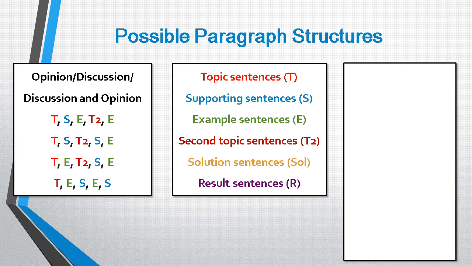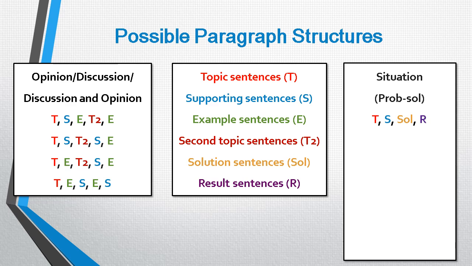The other type of essays were the situation essays. We looked at 2 of those. The problem and solution essay we looked at, that had a topic sentence, a supporting sentence, then a solution was offered, and the result of that solution was then explained.